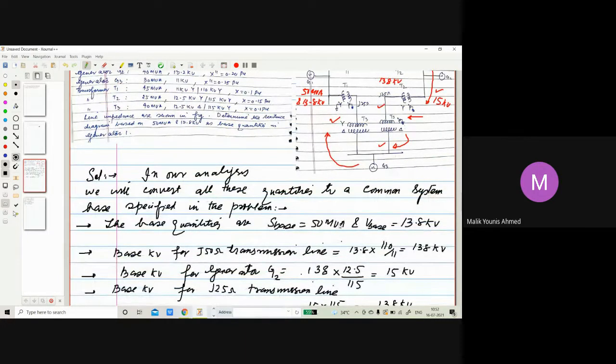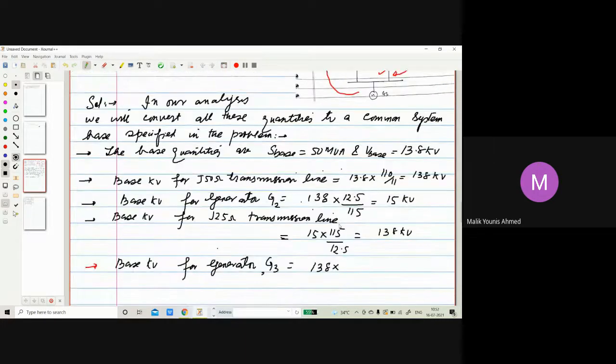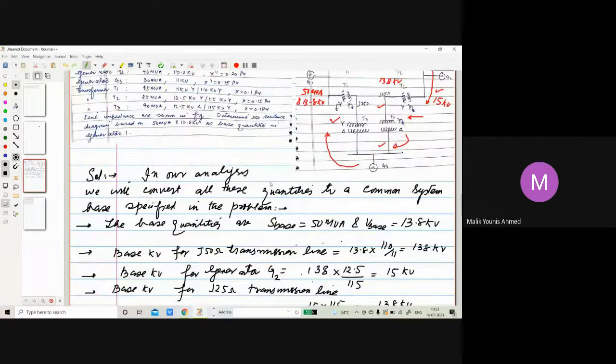So 115 will match this. Because 12.5 is the secondary side, the primary side is treated as 138, so that will come out to be 15 kV again. So again in generator G3, I will write in red, the base kV here again is 15 kV.